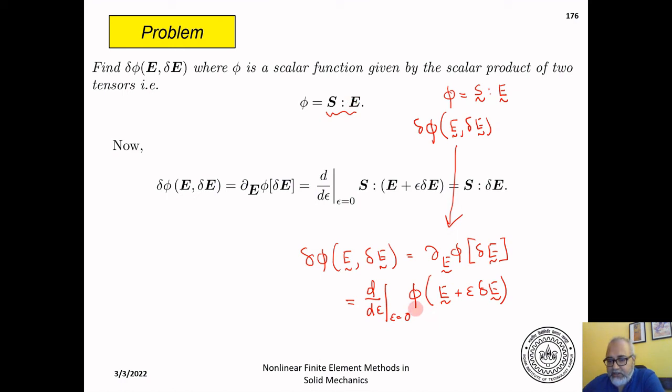So this quantity would be S times E plus epsilon delta E, which will be equal to S times E, which is not a function of epsilon, plus epsilon S times delta E. So when you take d d epsilon, the first term goes to 0, the epsilon goes to 1, and you are left with S delta E, which is the answer here.